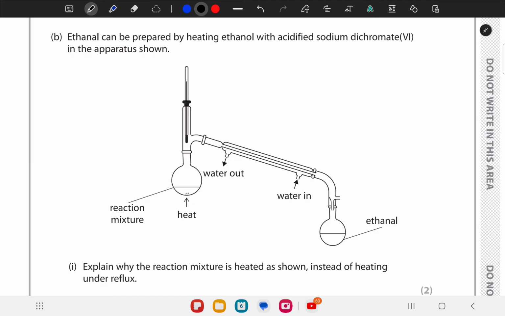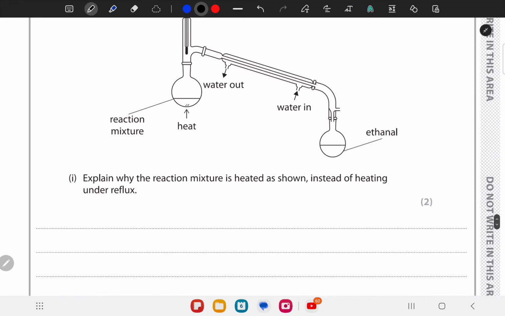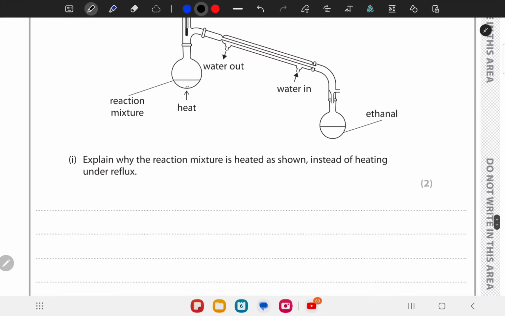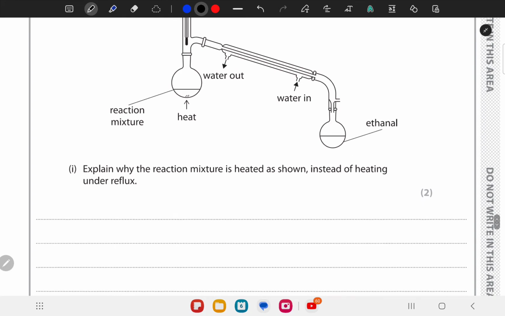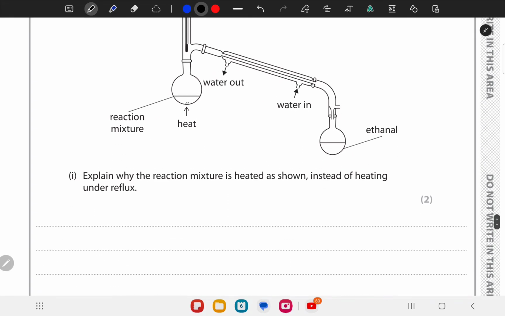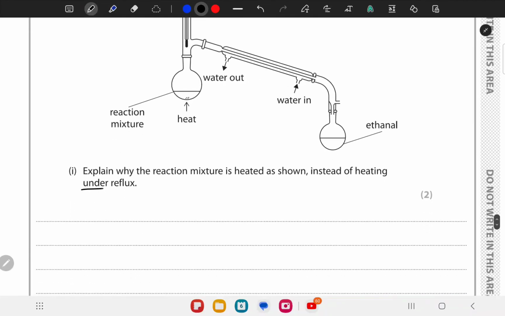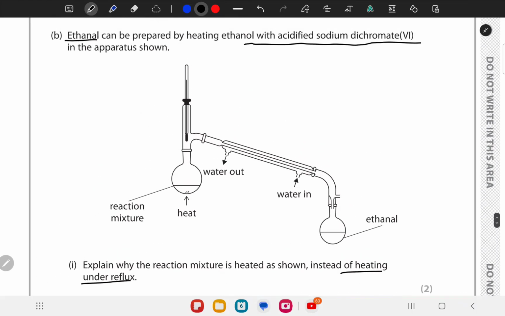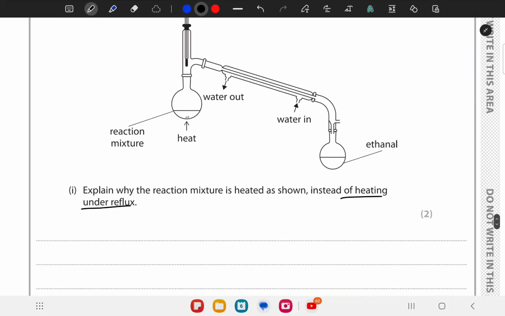Now in part B we have ethanal, which can be prepared by heating ethanol with acidified sodium dichromate in this apparatus. In this question we have to explain why the reaction mixture is heated in this setup over here instead of heating under reflux. So in this case we use distillation to remove the aldehyde.